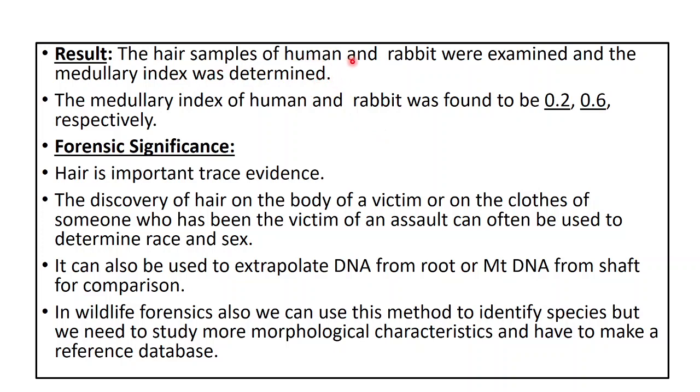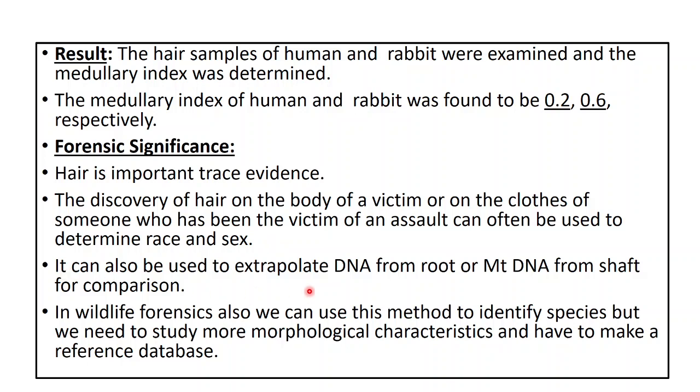Now what is the result? We calculated the medullary index of the human and the rabbit hair, and we found it to be 0.2 and 0.6. Now what is the forensic significance of it? Hair is very important trace evidence in forensics. The discovery of hair on the body of the victim or on the clothes of someone who has been the victim of an assault can often be used for the determination of the race and sex of the person also.